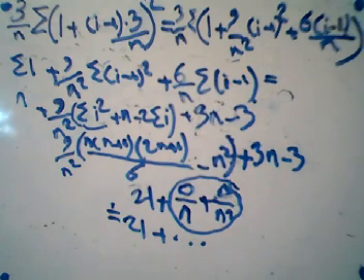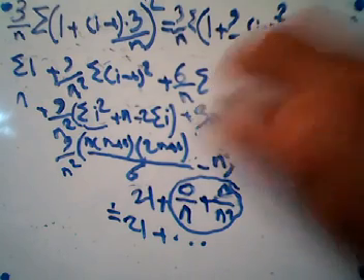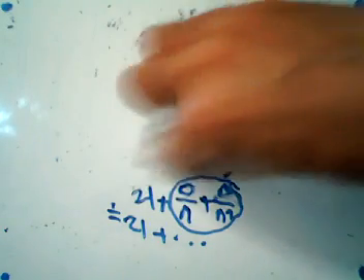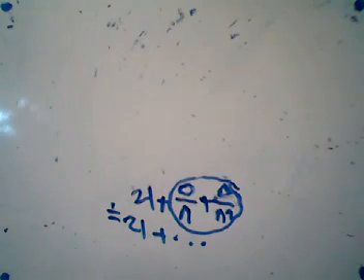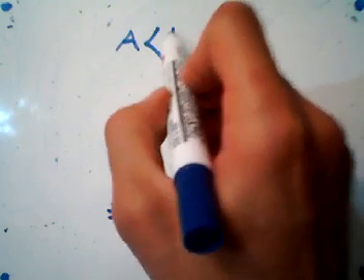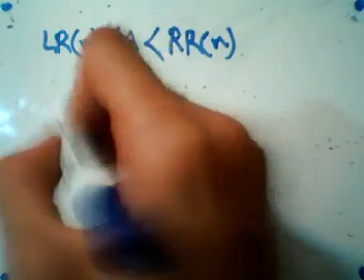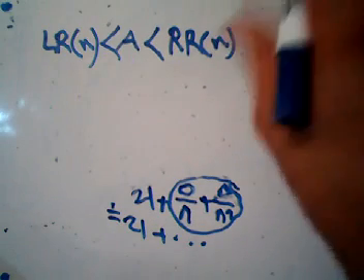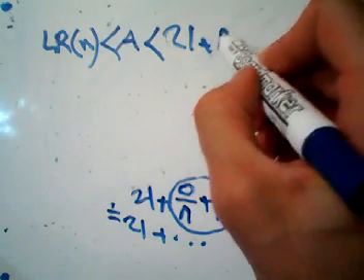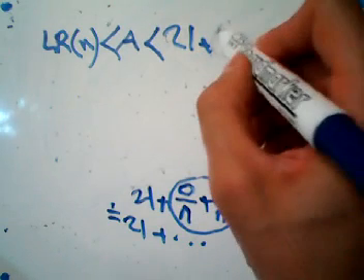Okay, and the area was between the right Riemann sum and the left Riemann sum, which is 21 plus other terms containing n.